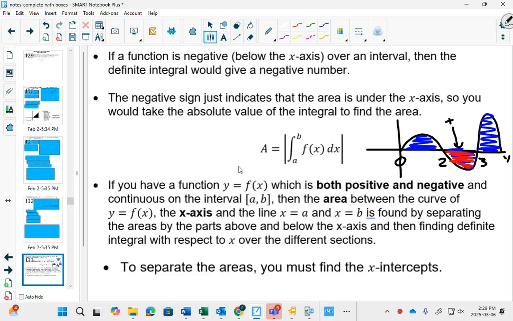If you had a calculator and were allowed to use it, this actually works really nice with the absolute values inside. It's not so nice if you don't have a calculator because the absolute value of a function is not the easiest to integrate. But if you have a calculator, what would that absolute value of that function do?